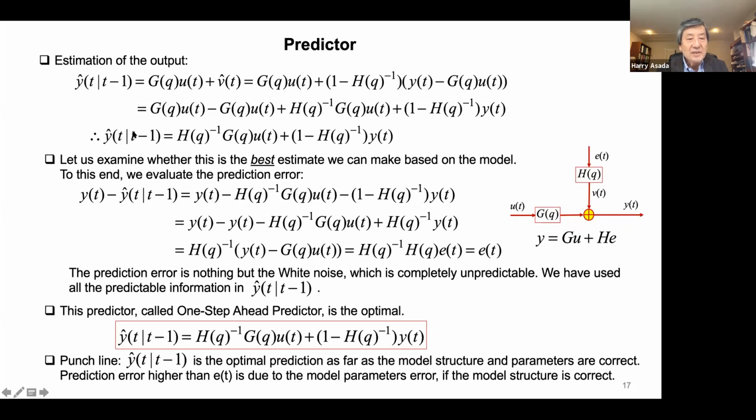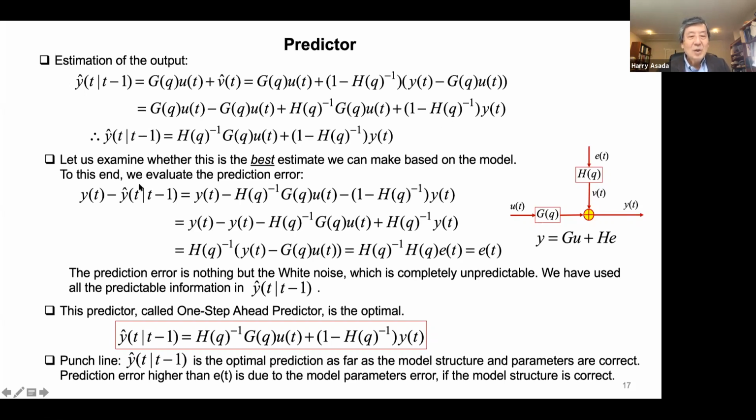So the best predictor is y hat(t|t-1) equals H(q) inverse G(q)u(t) plus (1 minus H(q) inverse) y(t). Maybe you have no clue why this is able to predict the output y(t) to its full extent. Well, first of all, let's check whether this is the best we can do or not.